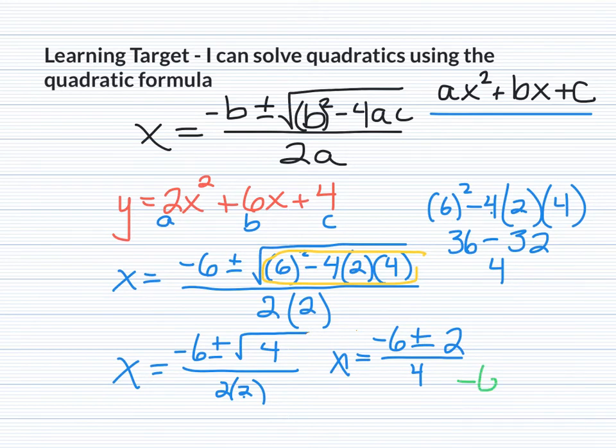Negative 6 plus 2 over 4, and negative 6 minus 2 over 4.